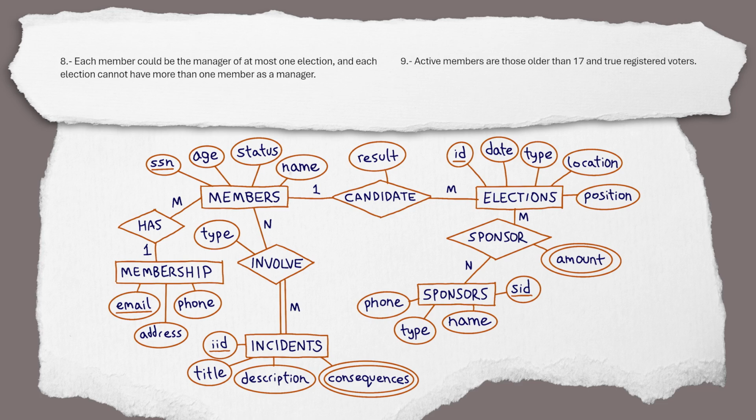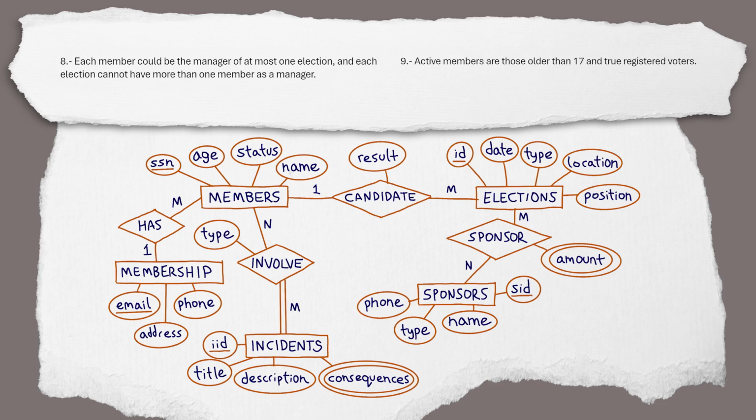Number 8 will be now: each member could be the manager of at most one election. One more time, member and election. So that means there is a relationship between a member and an election, because we already have a relationship between members and election, which was candidate.